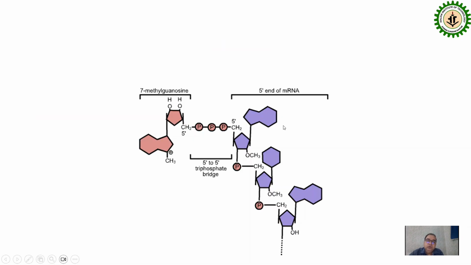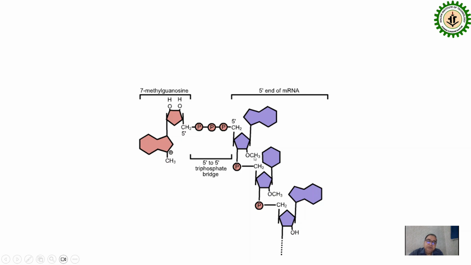And if you go to the RNA chain, you can see the first nucleotide has 1 methyl group attached to the second carbon, and the second nucleotide also has 1 methyl group. The third one has the usual OH group.